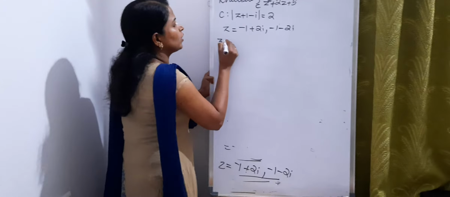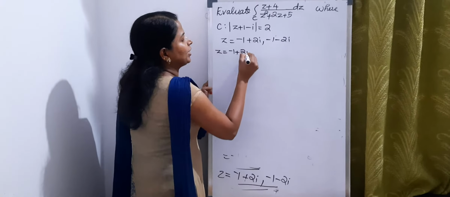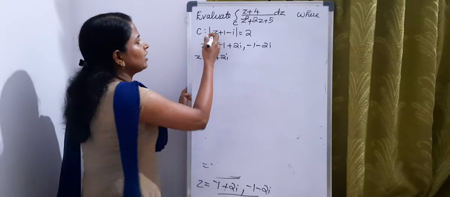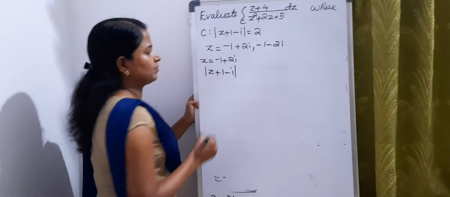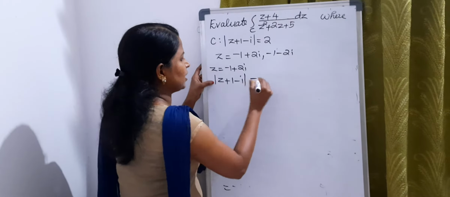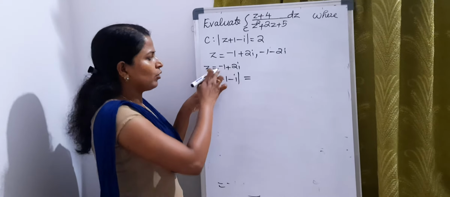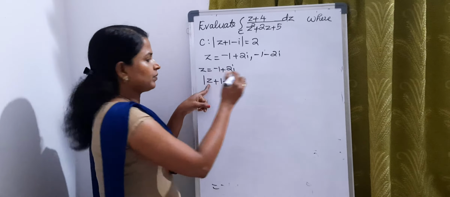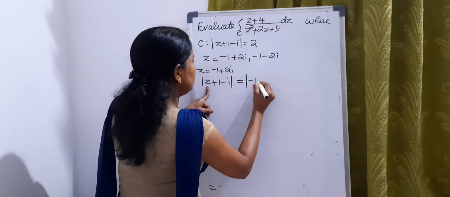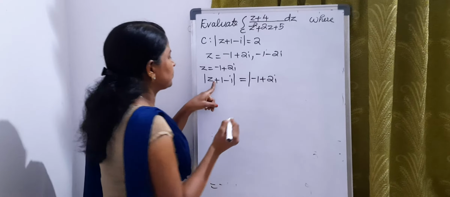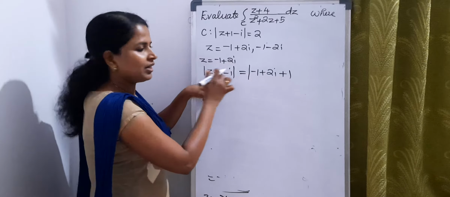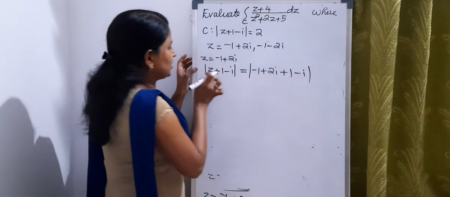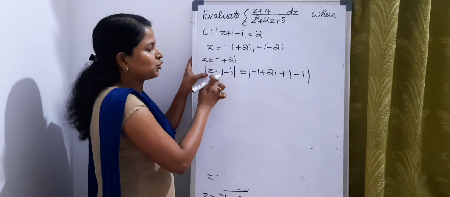First we take z = -1 + 2i. What is the circle? The circle is |z + 1 - i| = 2. Put z = -1 + 2i, that is |-1 + 2i + 1 - i|. We substitute z = -1 + 2i.